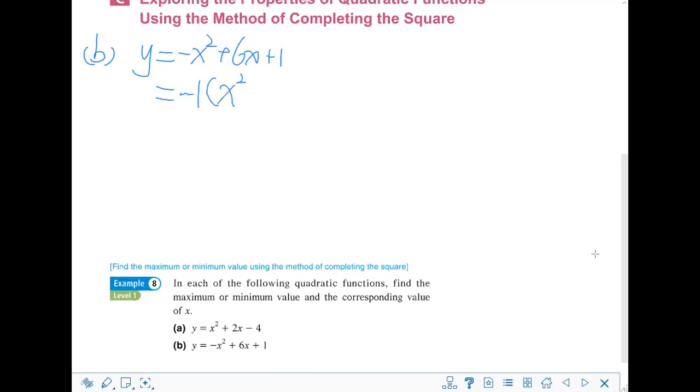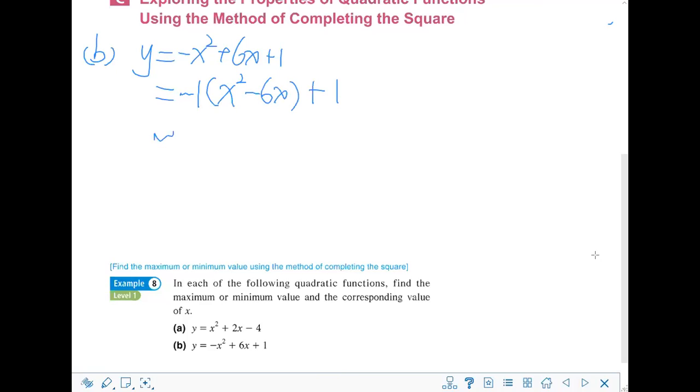Now, no matter what, we still need to take out the a, okay? Even though it is not a common factor between the first two terms, we still need to take out the a. It's always like this, okay? So when you take out the -1, the plus 6x will become -6x. Okay, and then the constant term will stay outside the bracket.